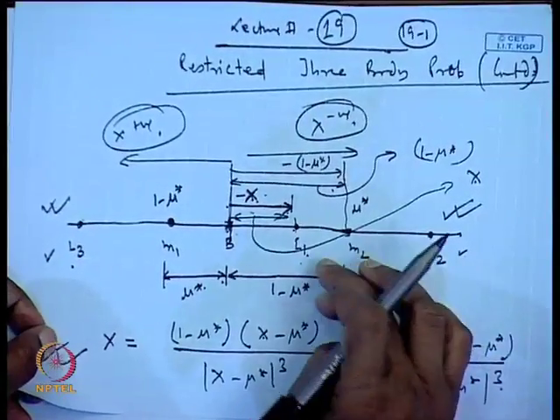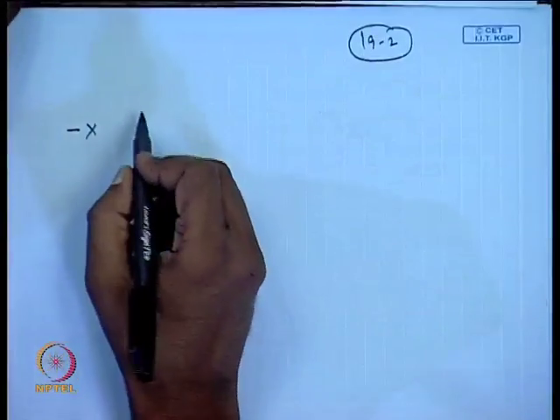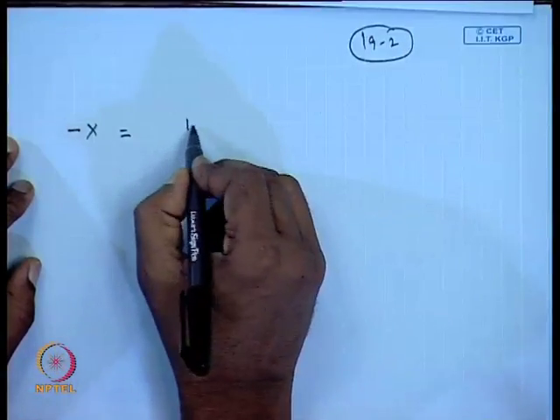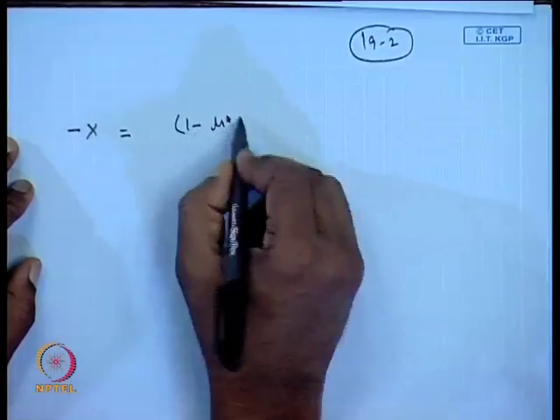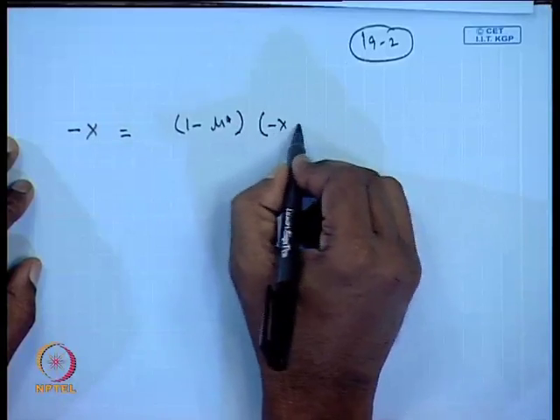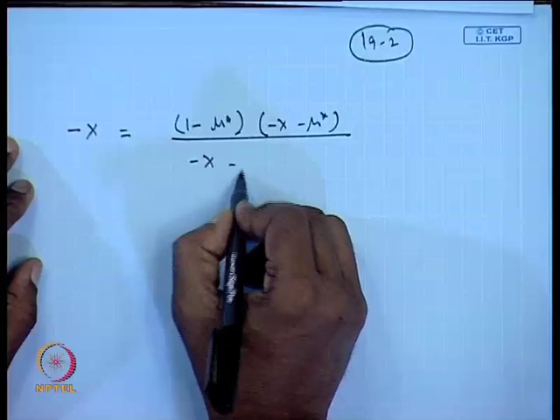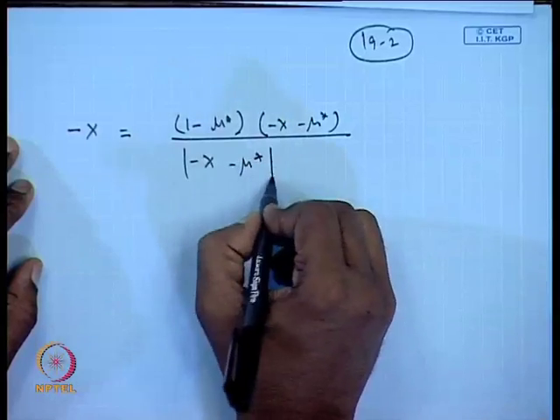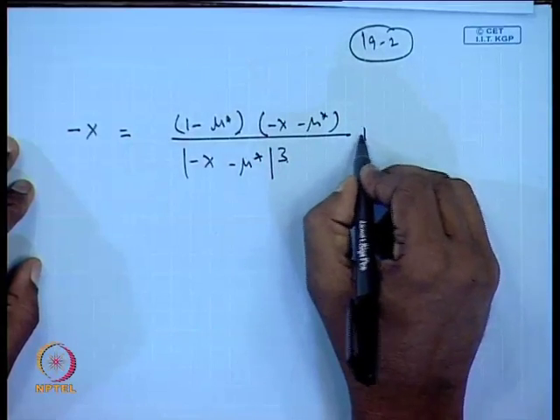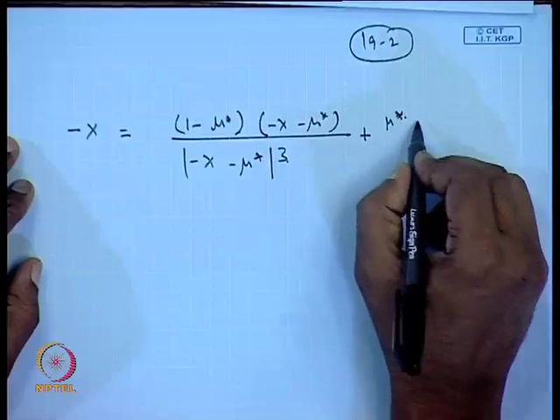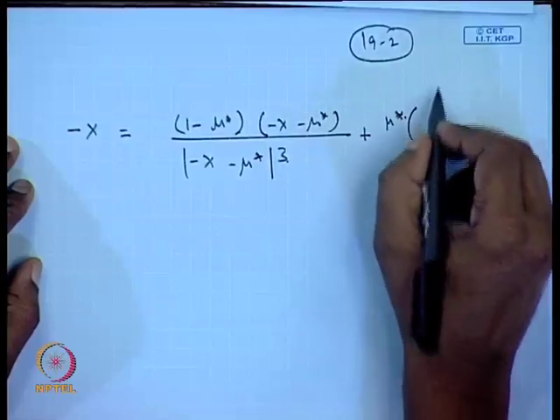Okay. So, to work out the L 1 point, we put x is equal to minus x, and then we write in the same way 1 minus mu star minus x minus mu star divided by minus x minus mu star whole cube plus mu star times.